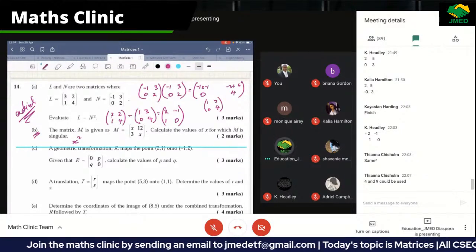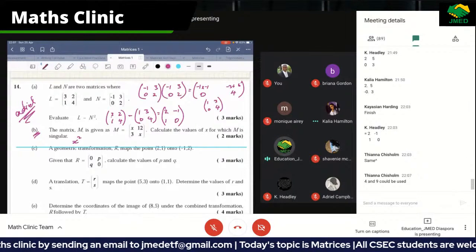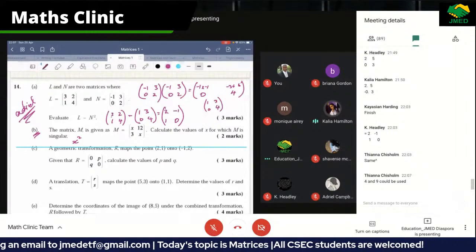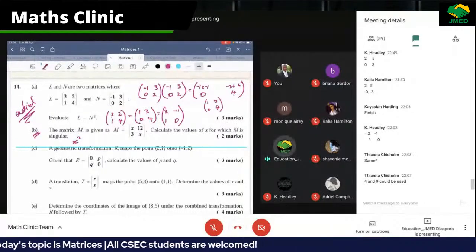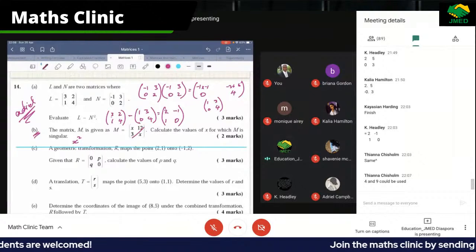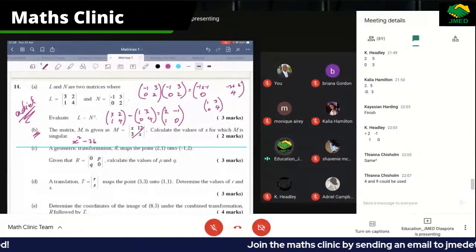Why did you say times 3? Sorry, sir, I was seeing it wrong. Okay. And the minor diagonal goes across here. So minus 36, and that answer is going to be 0.